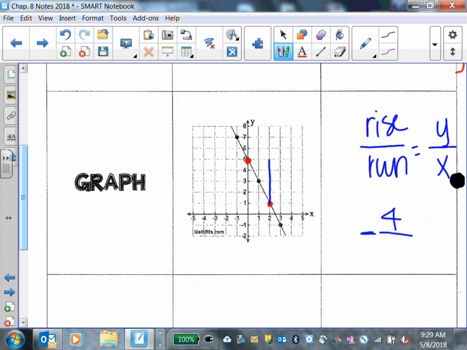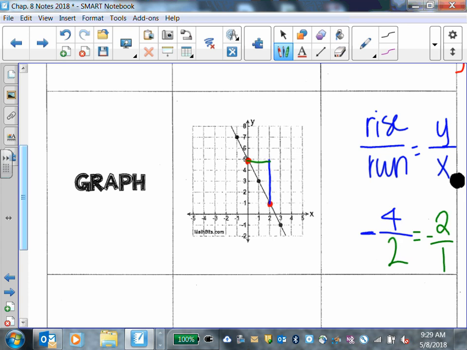Everybody with me? How much did I then run? How much did I have to go side to side? 1, 2. So my slope is -4 over 2. Can that reduce though? Yes. What can that reduce to? 2. -2 over 1. Or just -2.